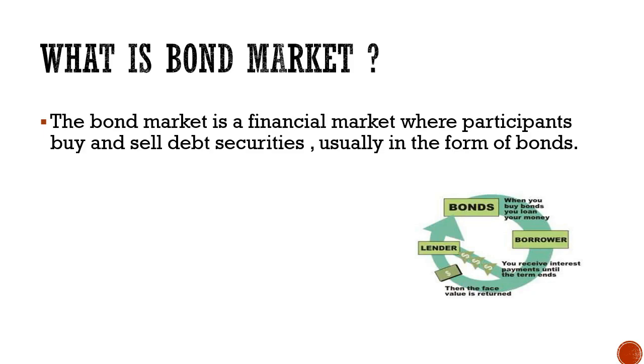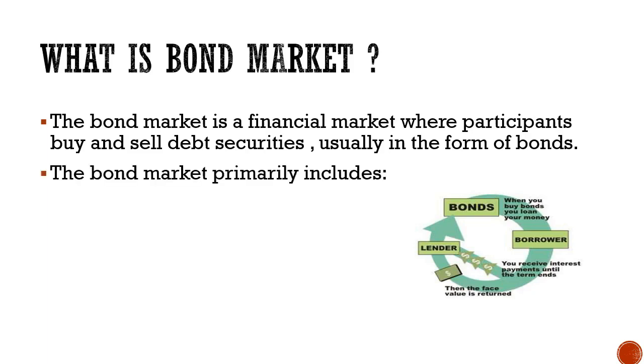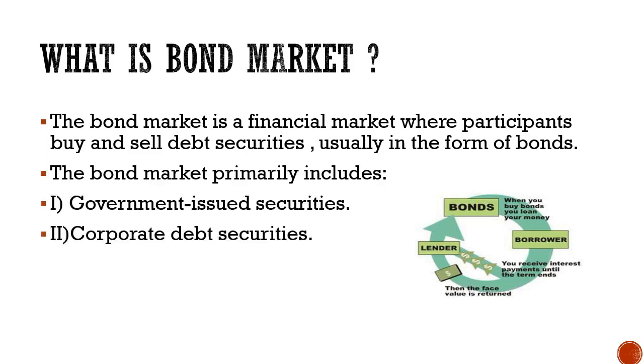So it is a financial market where the participant will buy and sell all types of debt securities, usually the bonds. The bond market primarily includes number 1, government issued securities, and second, corporate debt securities.